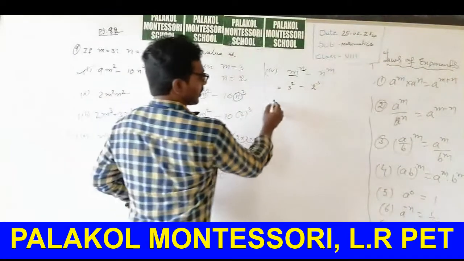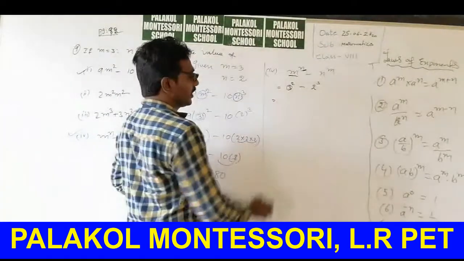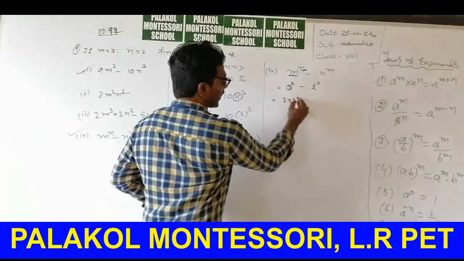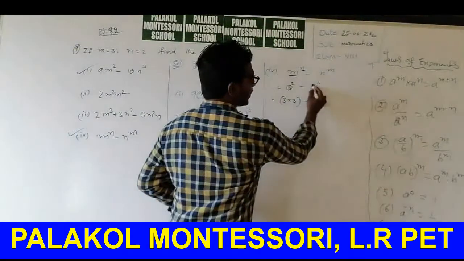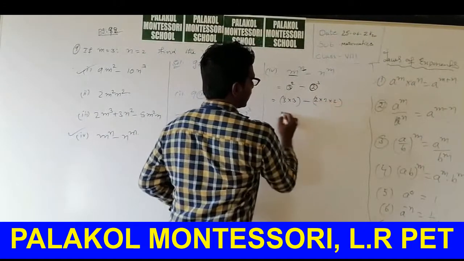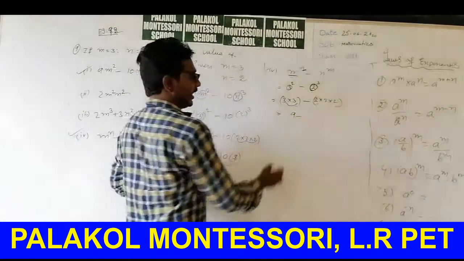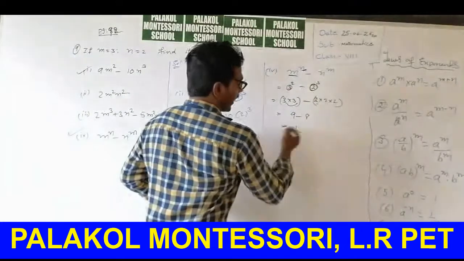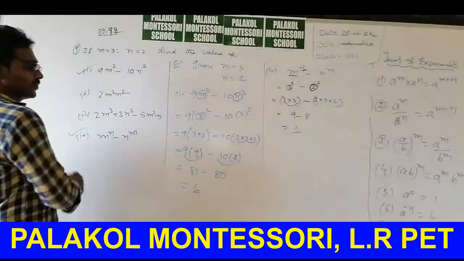This means the base is 3, and this number you write 2 times, 3 into 3. Minus 2 cube means this base you write 3 times, 2 into 2 into 2. 3 3s are 9. 2 2s are 4, 4 2s are 8. 9 minus 8 becomes 1. So the fourth question is over.